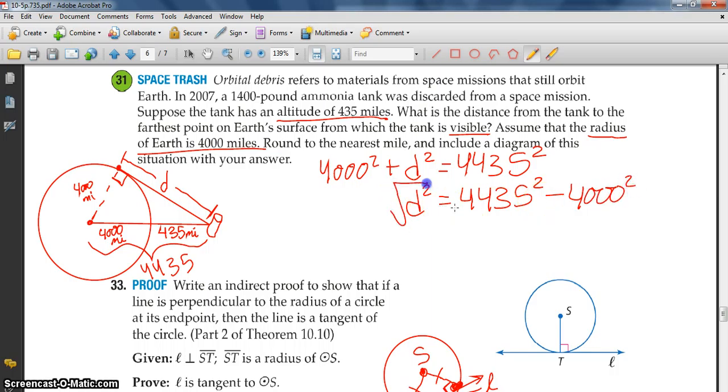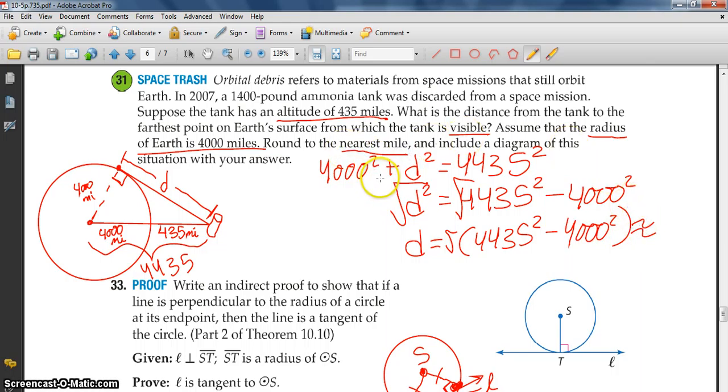And then to get d, I need to take the square root of both sides. So d is equal to the square root of the quantity 4,435 squared minus 4,000 squared. And that is approximately, to the nearest mile, 1,916 miles.